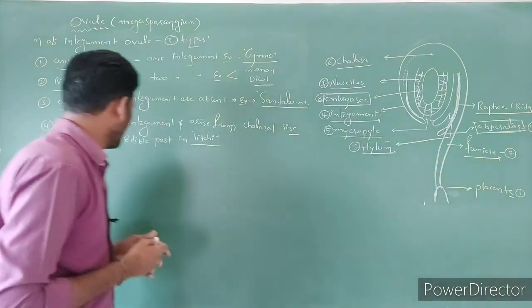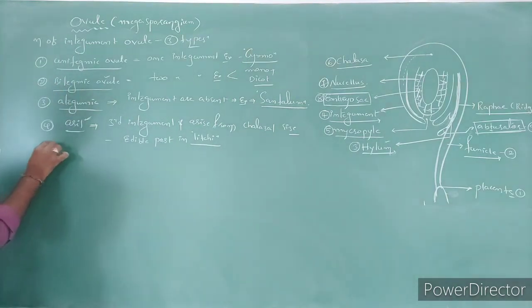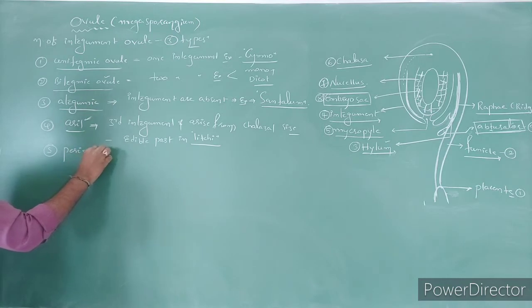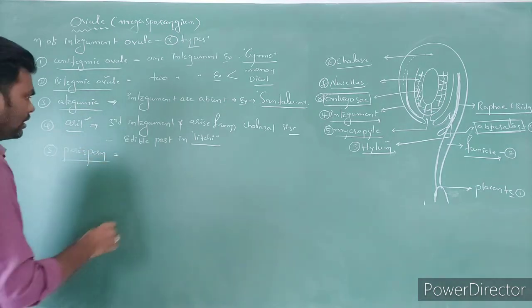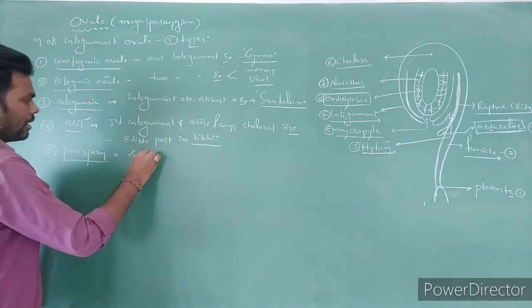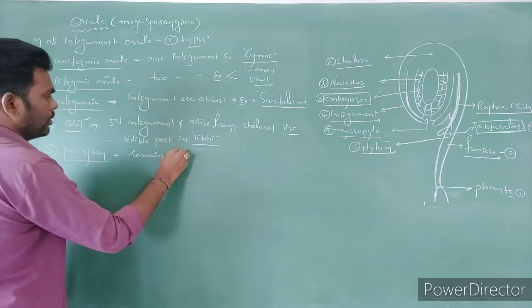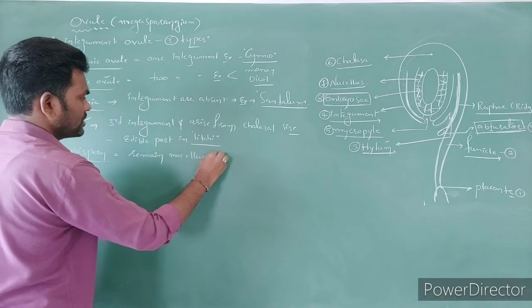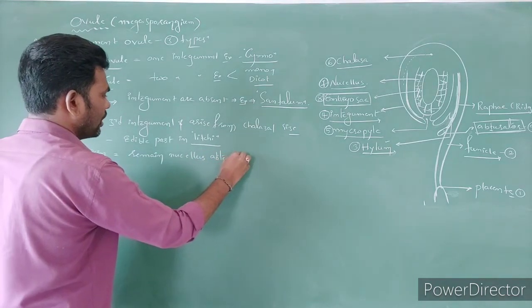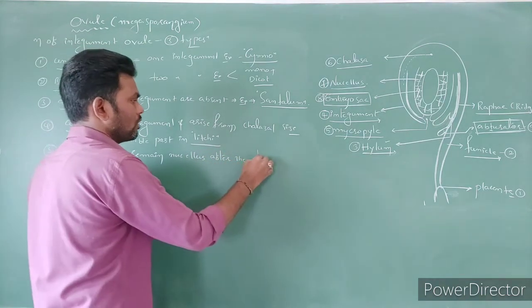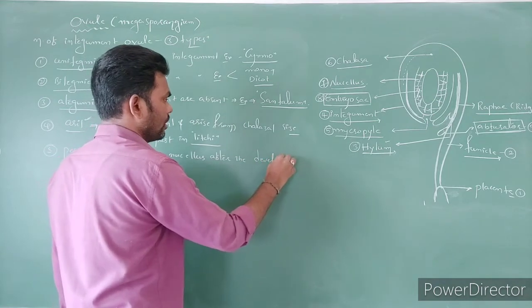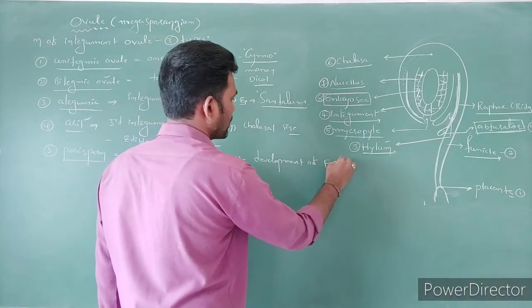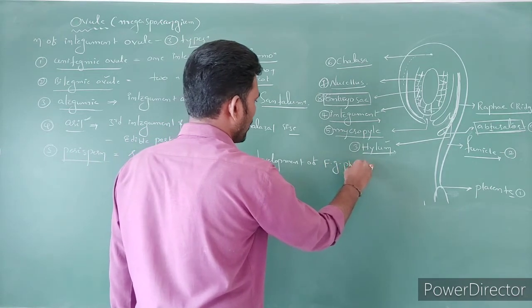Very important. Next part is what? The fifth one is perisperm. Perisperm means remaining nucellus after the development of female gametophyte.